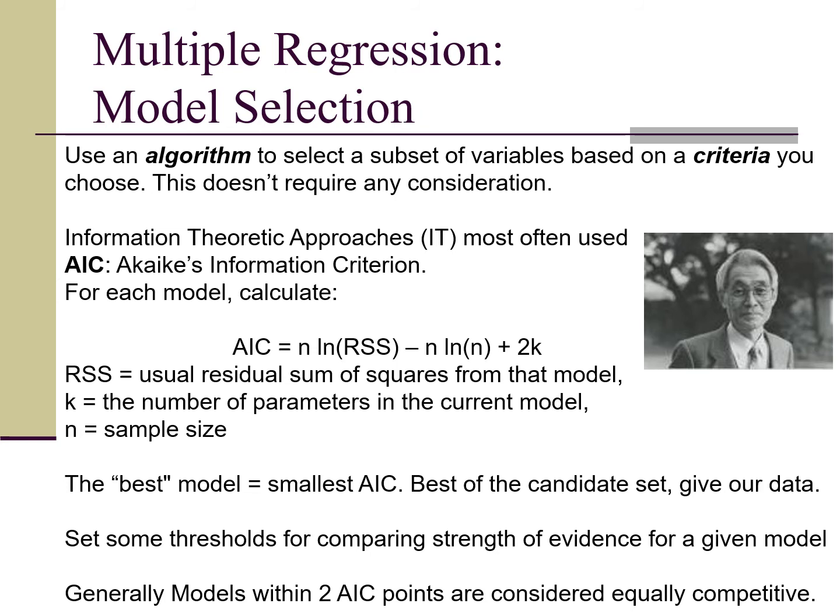And the AIC is calculated based on three things: the residual sum of squares, the number of parameters in the current model, and the sample size. So the AIC is n times the log of the residual sum of squares, minus n times the log of n, plus 2k.